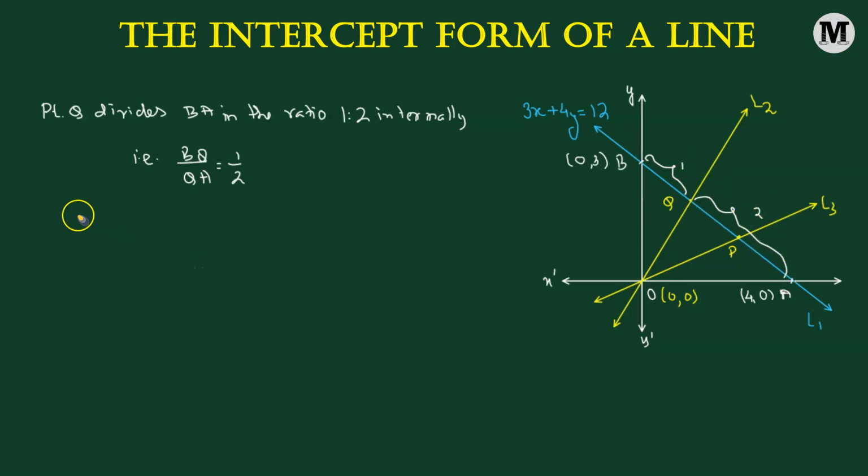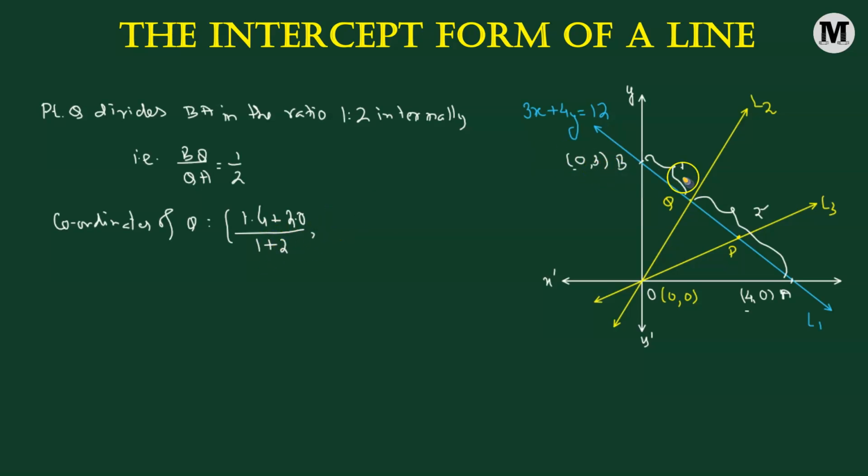Okay, so this means that the coordinates of Q are as follows. We start by considering 1 and multiplying it to the x coordinate of point A, that's 4. So 1 times 4 added to 2 times the x coordinate of B, 2 times 0, divided by the sum of the ratios 1 plus 2.